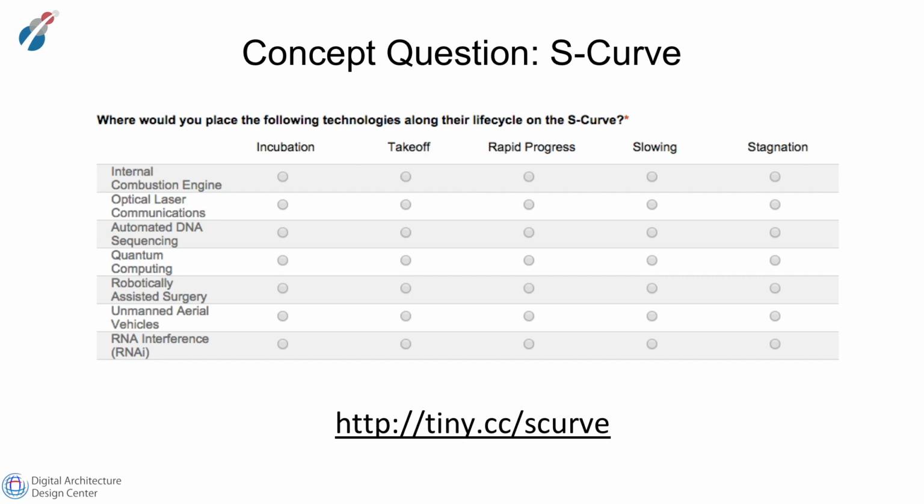All right, so we have some responses. Let's go look at the summary. For the internal combustion engine, the majority thinks we're in a stagnation phase, that it is quite mature and stagnating.